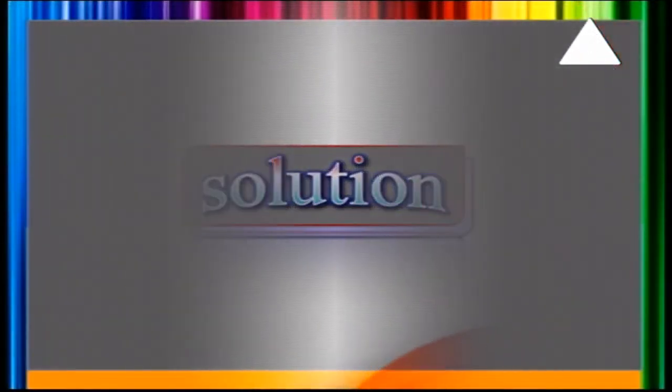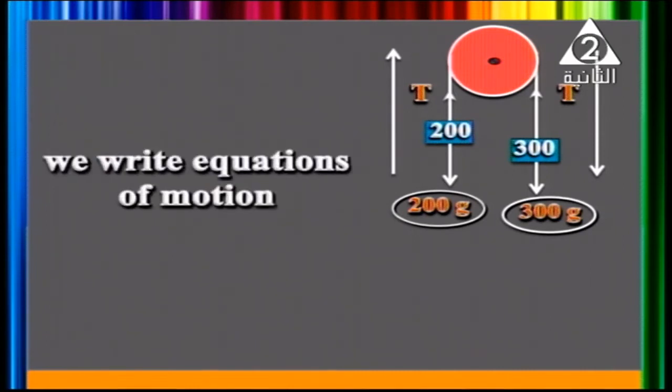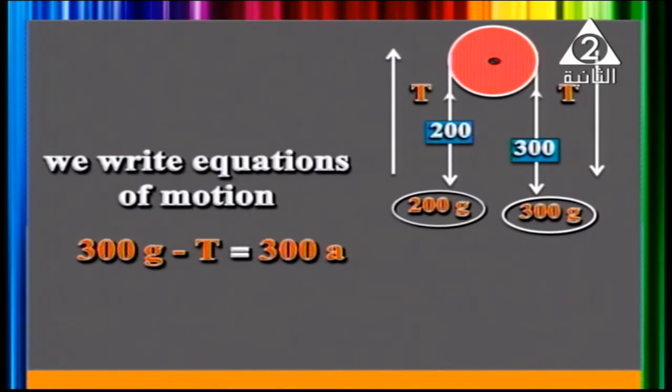My dear student, we have two bodies at the same level. The first is 300 gram, the second 200 gram. By the equations of motion, the first: 300 g minus T equals 300a.